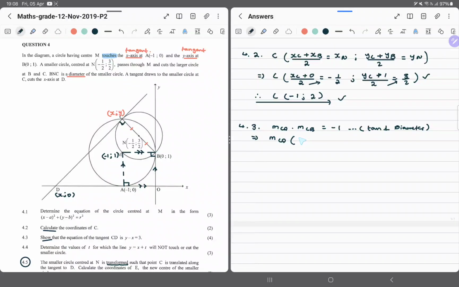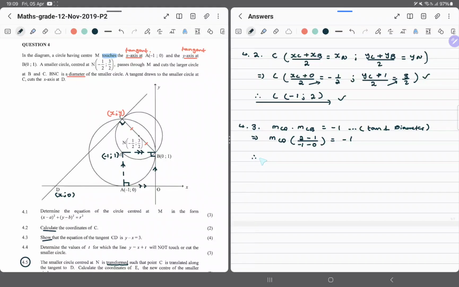so I'm going to do it here. I can take y at C, which we found to be 2, and subtract y at B, which is 1, divided by x at C, it's minus 1 minus 0, should be equal to minus 1.